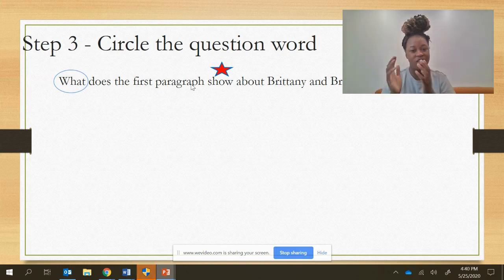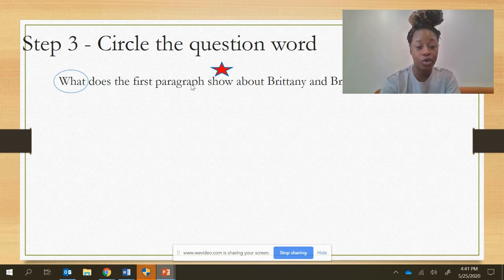And the subject is Brittany and Brianna. Now, the question is, what does the paragraph show about Brittany and Brianna? And so now I know that the question is asking us to identify some character traits about Brittany and Brianna based on the information that we can find in the first paragraph. Make sure that you have the question written down along with the question word what circled before we move on.